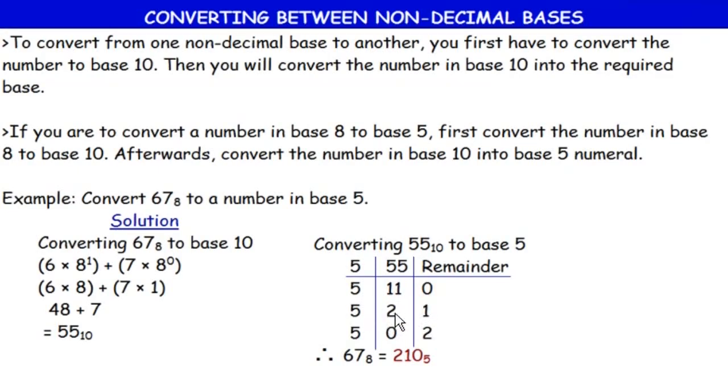And then since 2 is less than 5, we may decide to pause and then read it as 210. Or we can say that 5 goes into 2 0 times, remainder 0, it's the same thing. Then you read from the bottom to the top. So it's still 210 base 5. This tells you that 67 base 8 is equivalent to 210 base 5.